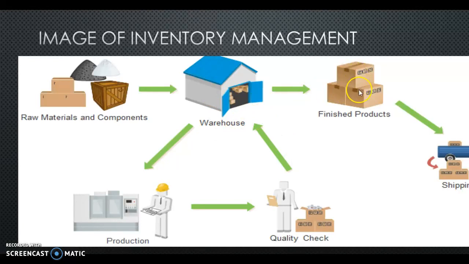You have your finished cases here, the finished products, and then you have your shipping aspect of each product. So again, this diagram is a pretty good depiction. I like to show you guys a visual of how things flow as far as inventory management. And I'll break down each of these components in a little bit of detail, based off my experience and some of the research that I've done.